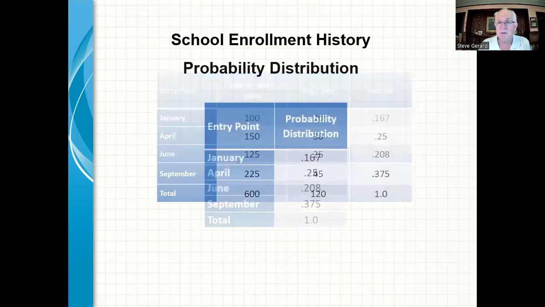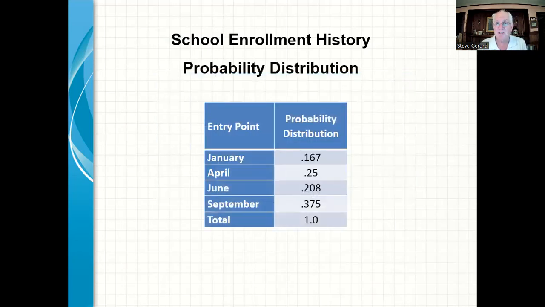If I want to have a frequency distribution, it would look something like this. This is the probability, based on historical data, of when someone might have enrolled in the school. If you came to me and said, "Hey, I enrolled in your school this last year, but you don't know me, can you guess when?"